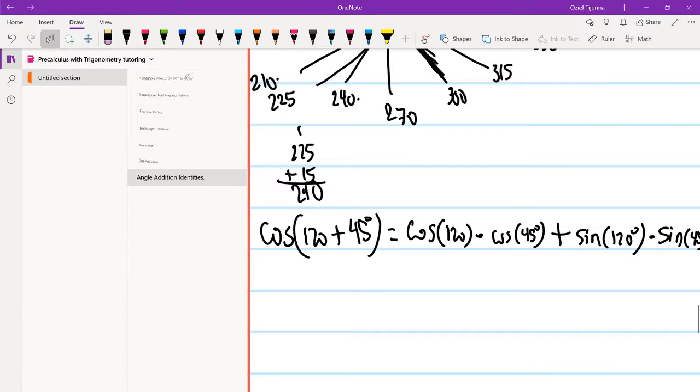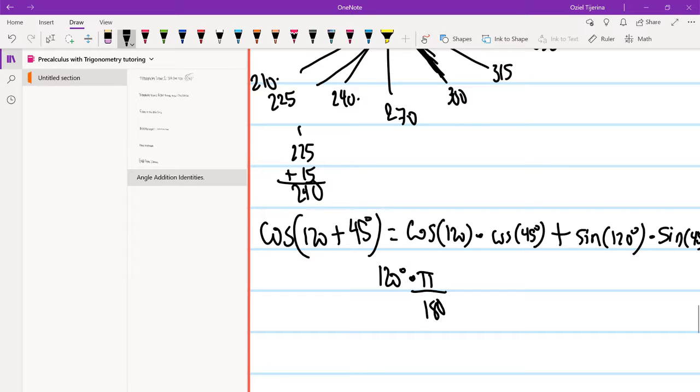Then the way I like to normally do this is by changing it to radians. If you don't know what the cosine of 120 degrees is, you can always turn it into radians. This is 120 pi over 180.